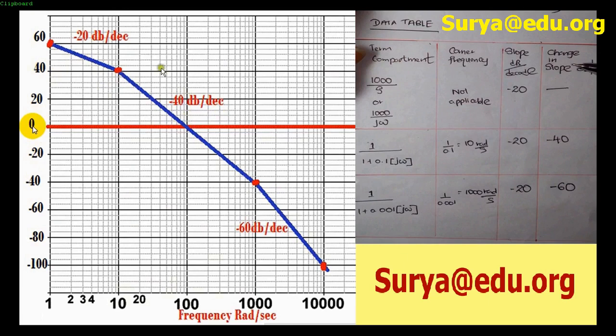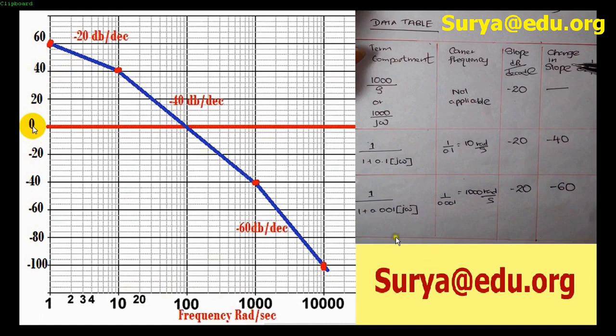I mean the red colored one, right? So the change in slope from omega c1 to omega c2 is minus 40 decibels per decade. Also, from the data table, the change in slope considering the third compartment is minus 60. That means the change that takes place starting from the third compartment towards the upcoming compartments.